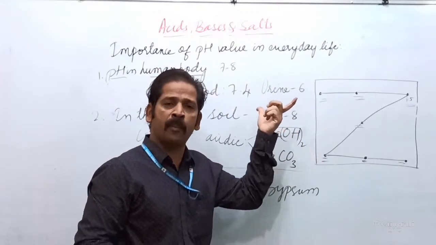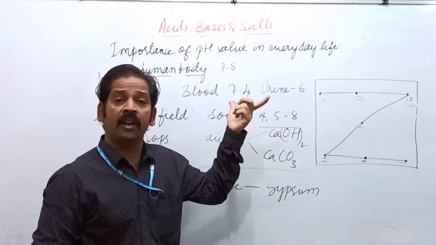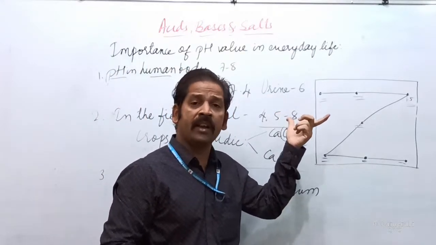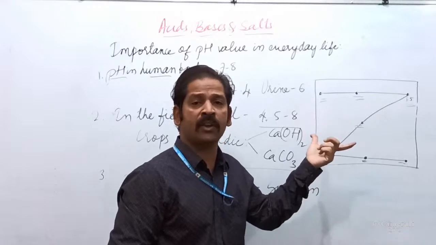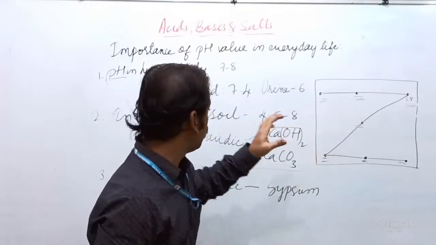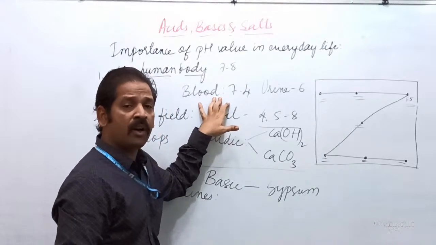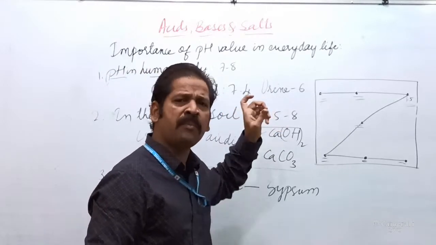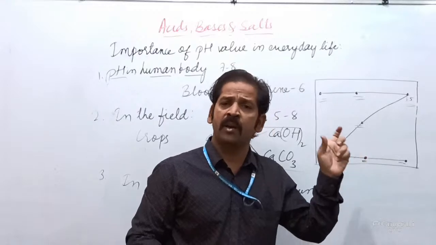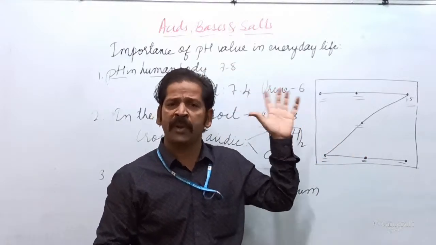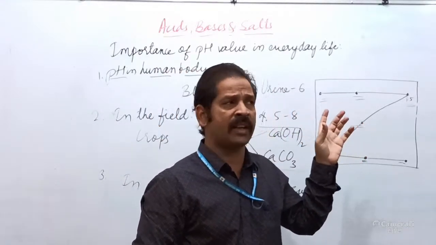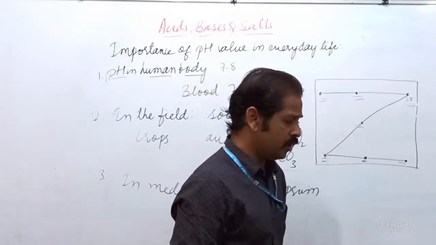On the basis of these samples, they diagnose or treat patients, because they want to know the pH value of blood or urine. On the basis of this, some medicines will be provided.